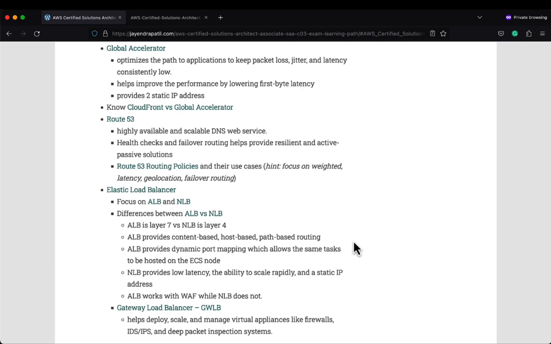You need to know the key differences between the Application Load Balancer and the Network Load Balancer. Classic Load Balancer is not covered anymore in the exams. Gateway Load Balancer helps deploy, scale, and manage virtual firewalls like IDS, IPS, and deep packet inspection systems.